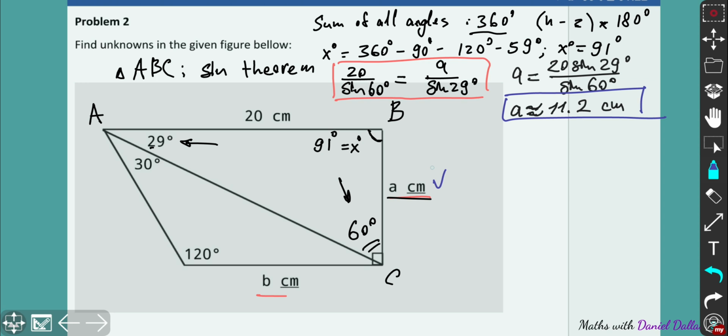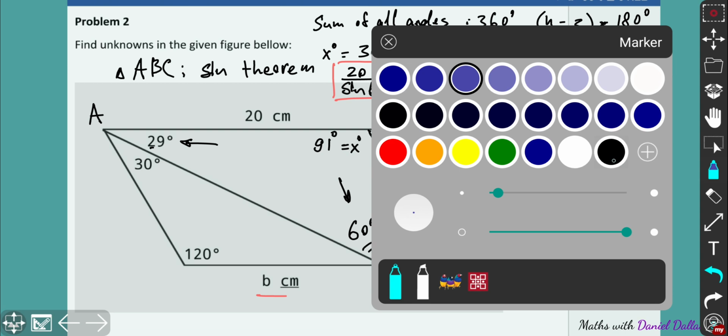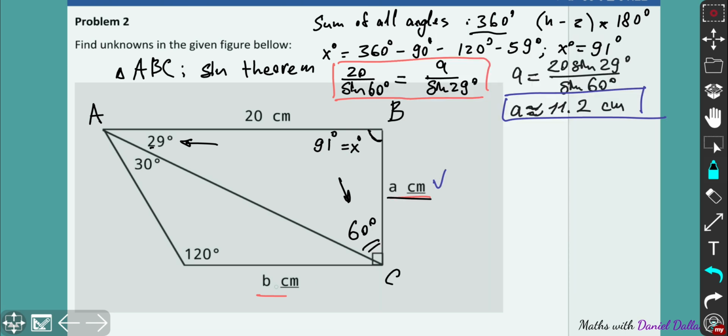So we've got A. Next, we need to find B. How do we do this? At first glance, we might calculate this angle. This angle is 30 degrees, and we'll find that both sides are actually the same if you consider triangle ACD.